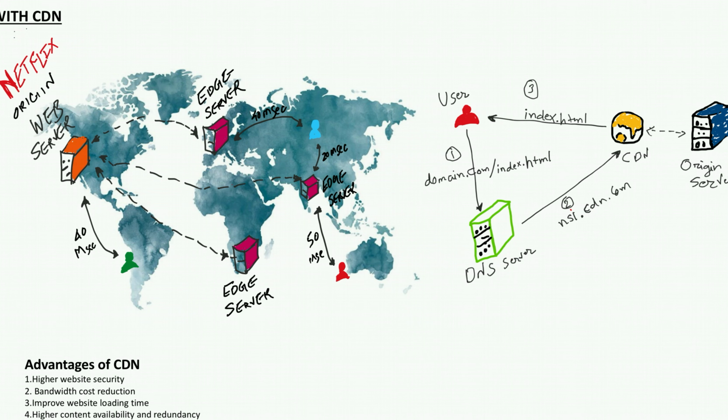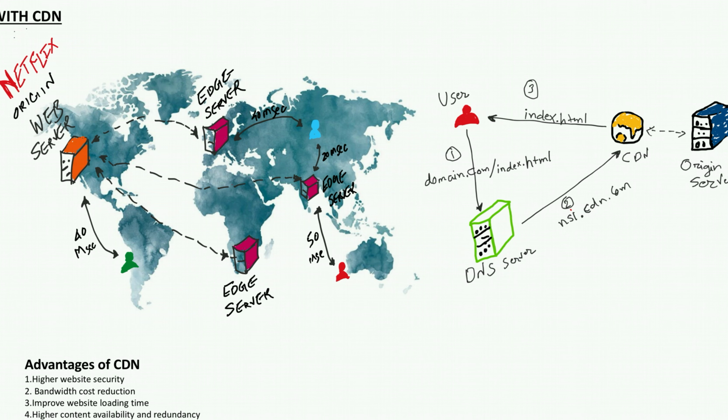It also improves the load time, as we saw in our example, by distributing the content closer to the website visitors using the edge servers or the cache servers. Visitors experience faster page loading, as content is already provided by the edge server, which is located at a nearby location to the users.